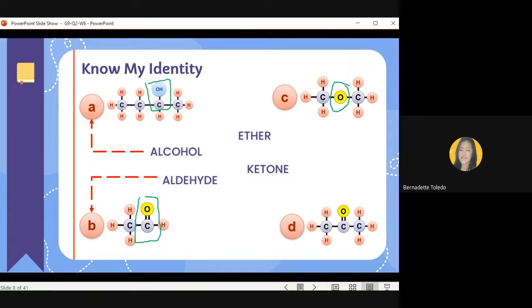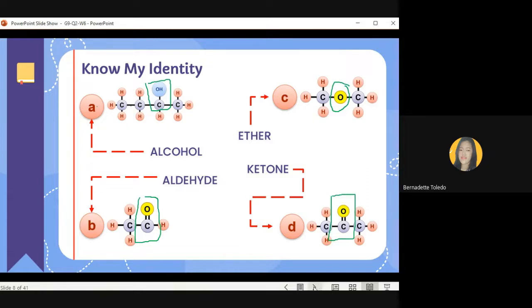So that is an example of an ether. Then letter D, we have a carbonyl group in between carbon chains. Ibig sabihin, nasa gitna. That is an example of a ketone. So, ang tatandaan lang is yung kanilang mga functional group for you to identify kung ano compounds sila.